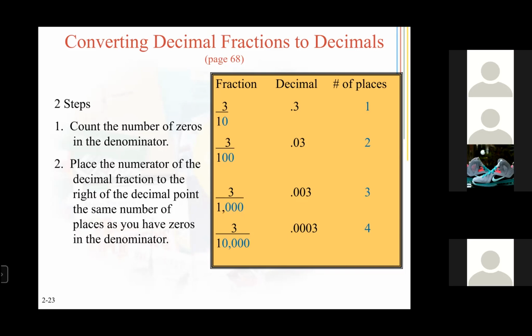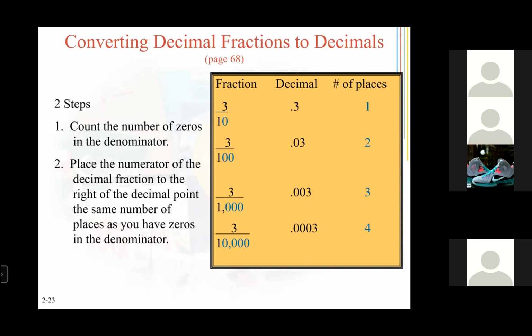If you were to convert decimal fractions to decimal, by decimal fractions we mean fractions where the denominator is a power of 10. So in those fractions you have there, 3 over 10, 3 over 100, 3 over 1,000, 3 over 10,000, all of them have their denominator as a power of 10. And if you want to convert them into decimal, basically you count the number of zeros in the denominator.